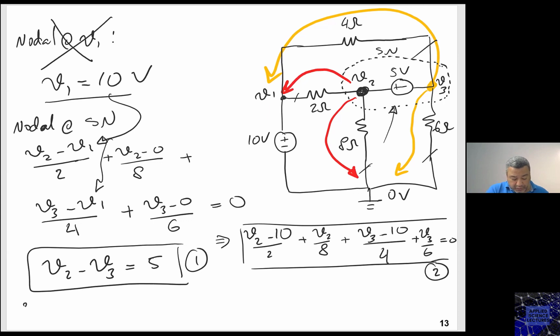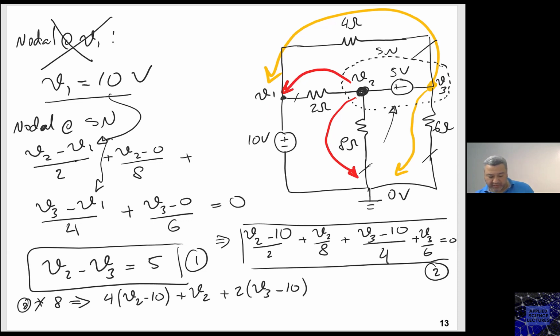So 2 times 8, what do you, so we have 4 V2 minus 10 plus V2 plus 2 V3 minus 10. Let's take this one as 24 by 24.